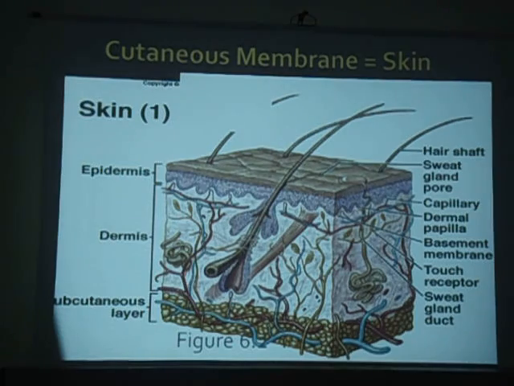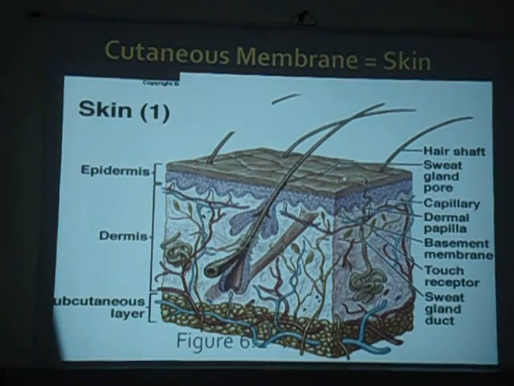Most of the infections are associated with the sweat glands, blocking of the sweat glands. Hair follicle associated diseases are also seen. So the drugs which are used here will act on the skin and mucous membrane. Sometimes we use such drugs up to the dermal layer.